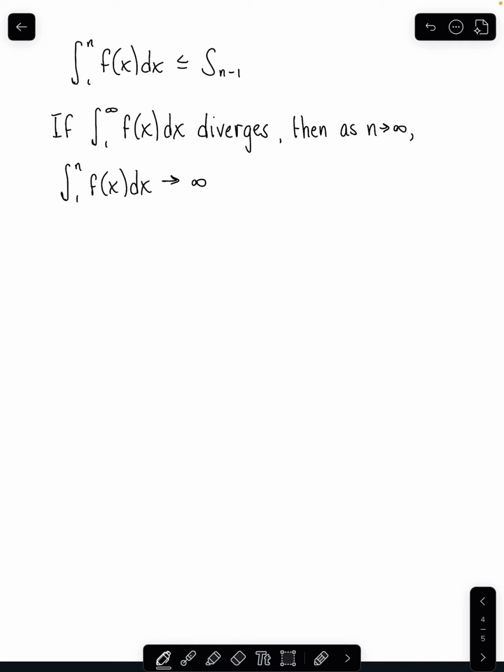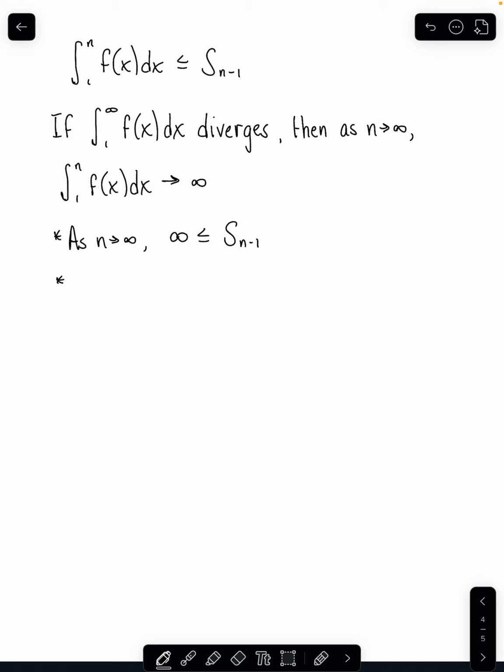Well, according to this definition we have up here, as n approaches infinity, in the inequality, the integral would approach infinity, but we know that s sub n minus 1 is bigger than it.